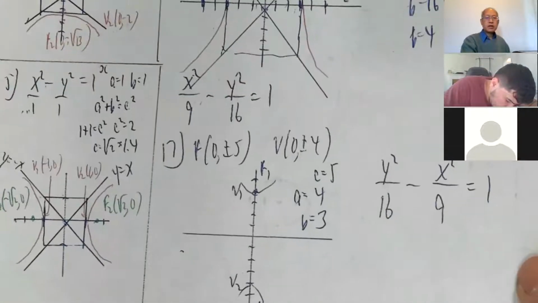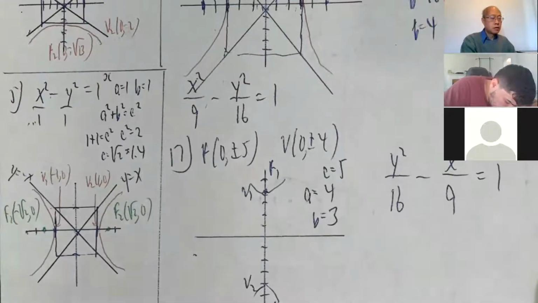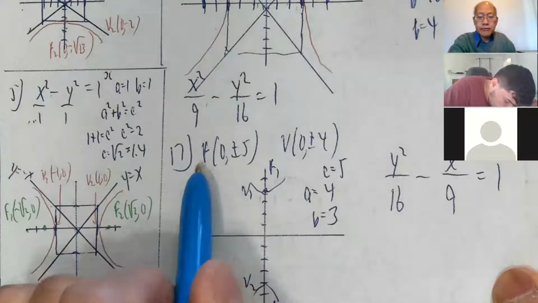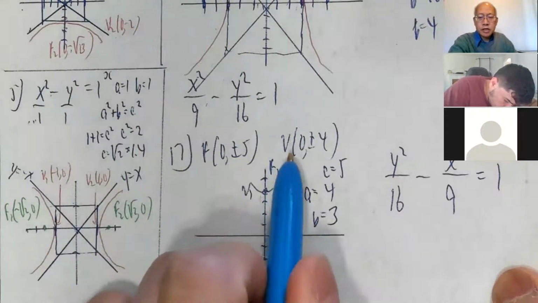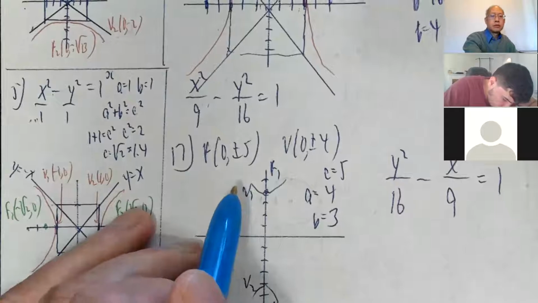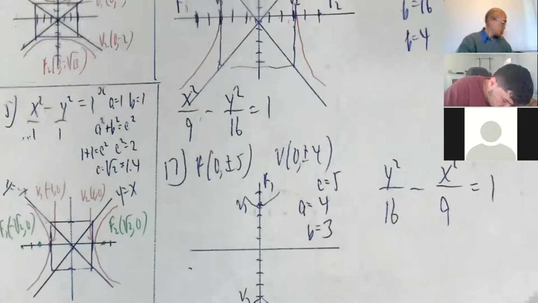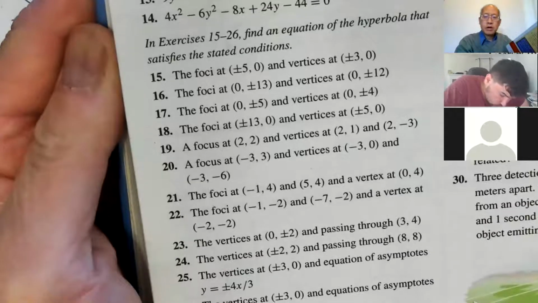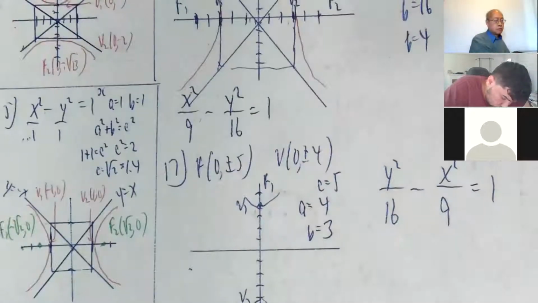Okay, 17. Foci 0 plus or minus 5. Vertices 0 plus or minus 4.